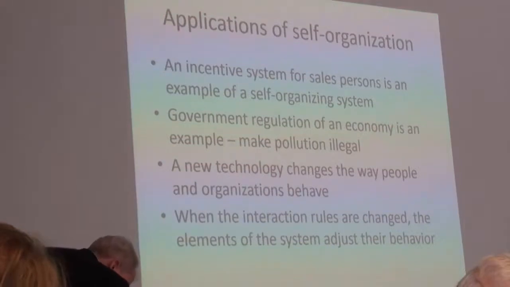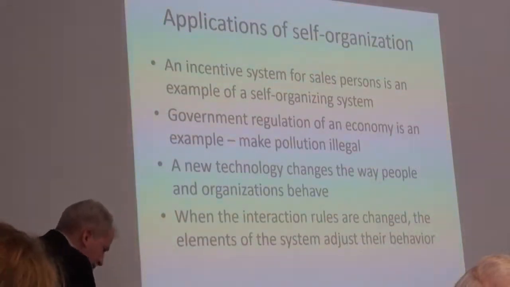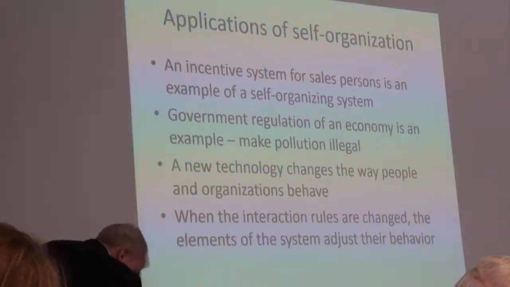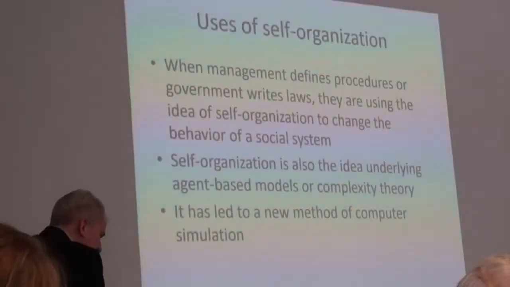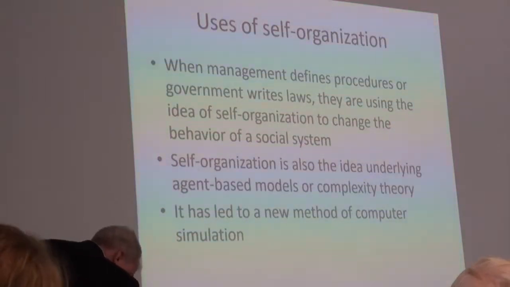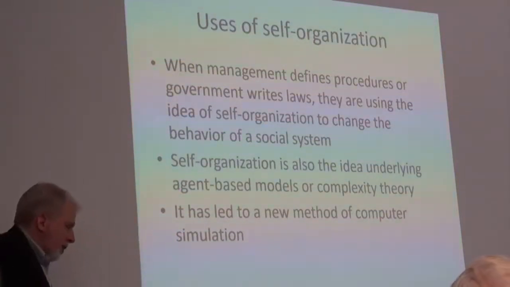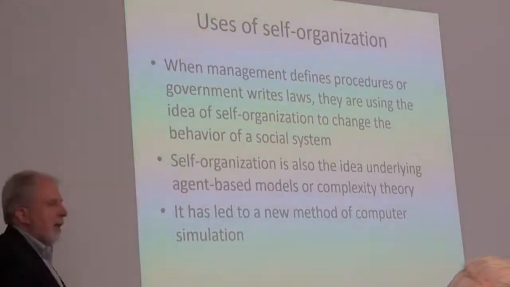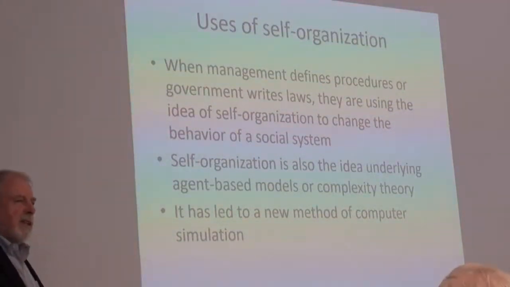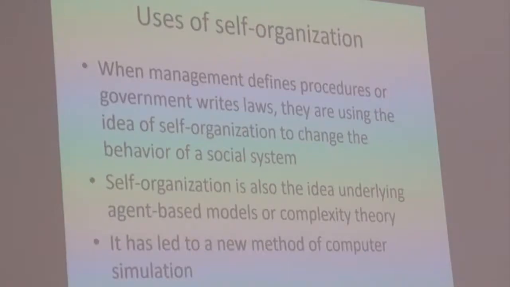They adapt to their environment. So by changing the interaction rules, the elements of the system adjust their behavior. They're sent toward a different equilibrium than they were going toward earlier. And also, self-organization is the idea underlying agent-based modeling, which is the idea underlying complexity theory. It's a new form of computer simulation.